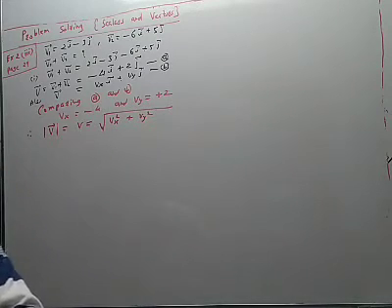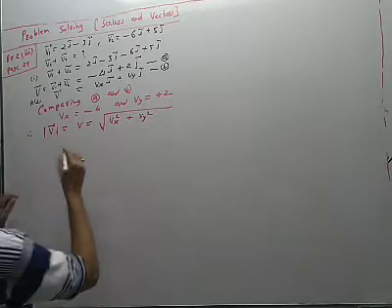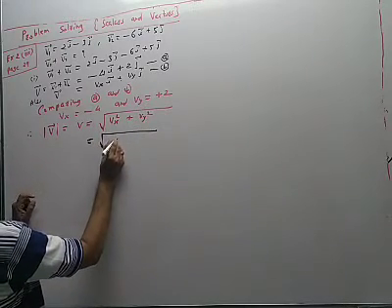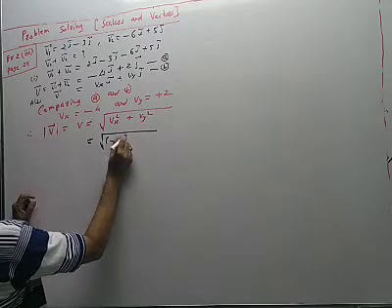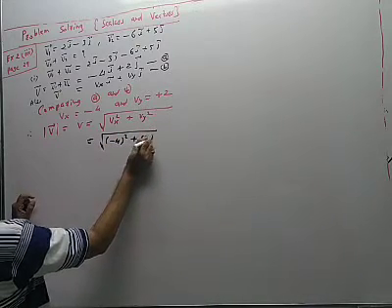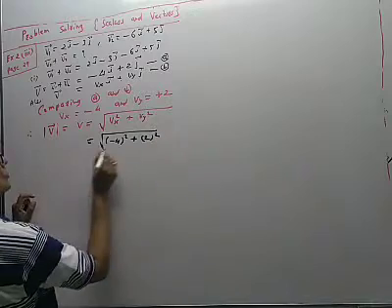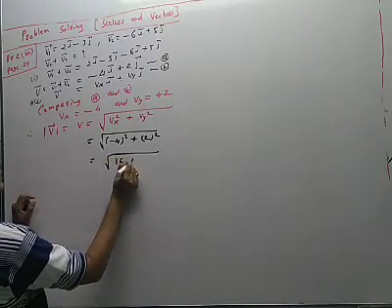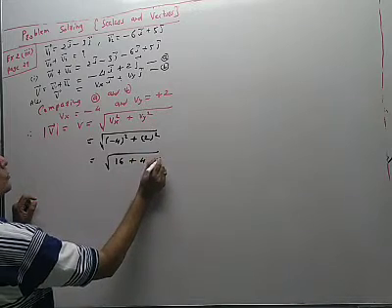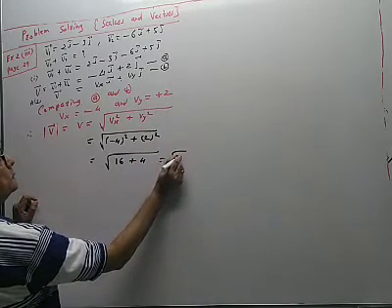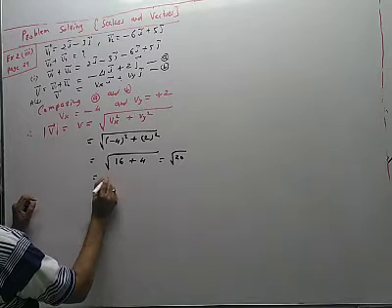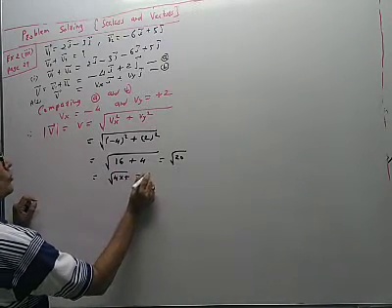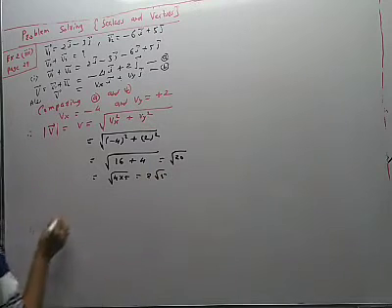Substitute. Square is always positive, and therefore this is equal to under root minus 4 square plus 2 square. So that is equal to 16 plus 4, so that is equal to root 20. So this root 20 can be written as root of 4 multiplied by 5, and root of 4 is 2. So 2 root 5.